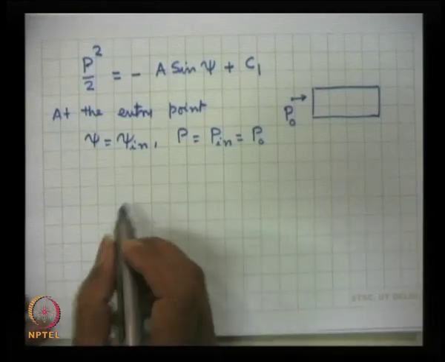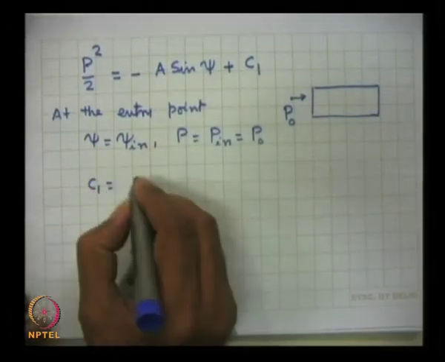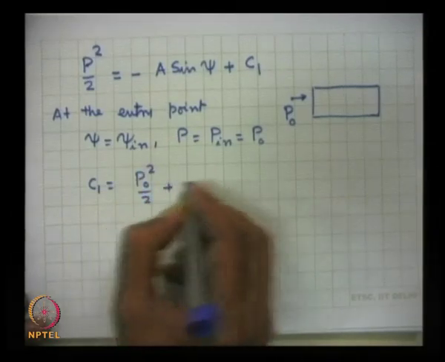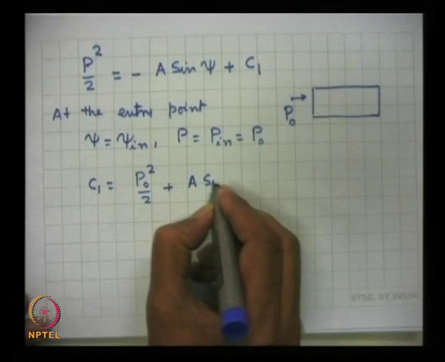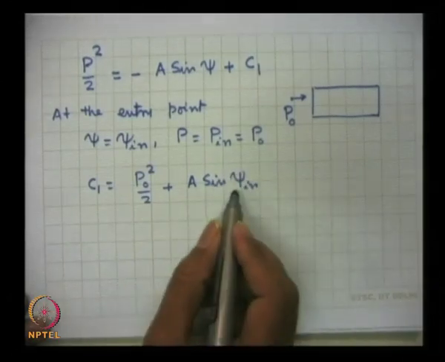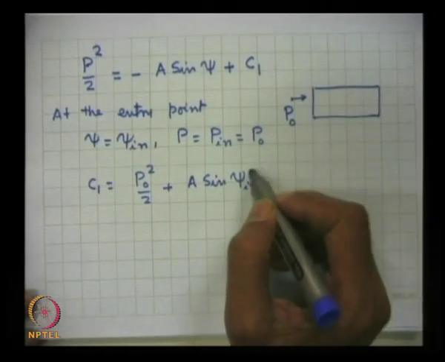Then C1 can be obtained from here, and C1 turns out to be equal to P0 square by 2 plus A sin psi in. This is the initial value of phase as seen by the electron, the ponderomotive wave.